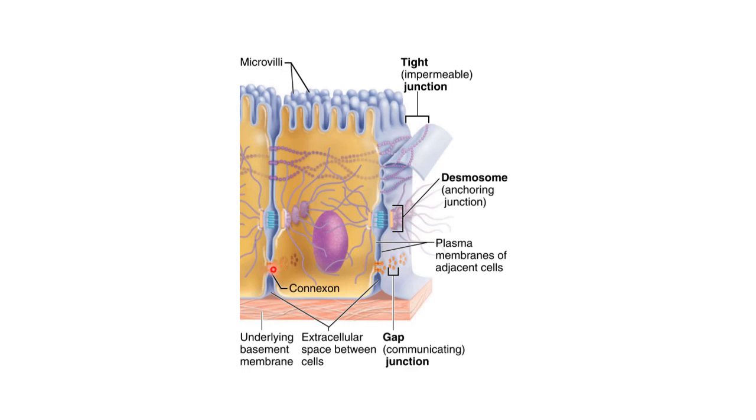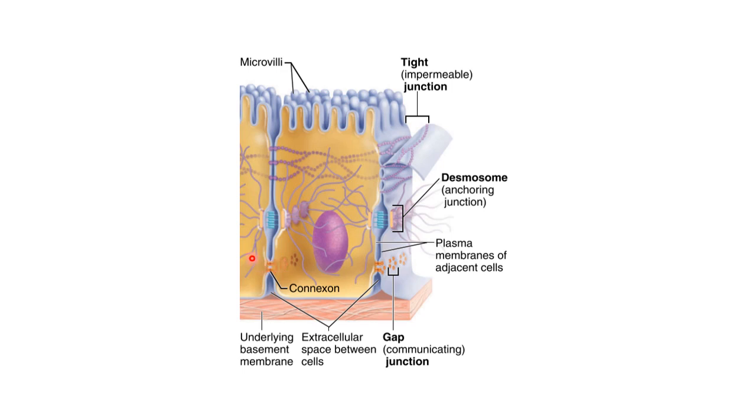Through the connexon, ayan, nag-share ng molecules and ions ang loob ng isang cell to another. So for example, kulang ng sodium dito. The sodium that is from this cell will travel through the connexon and go to the other cell. No?